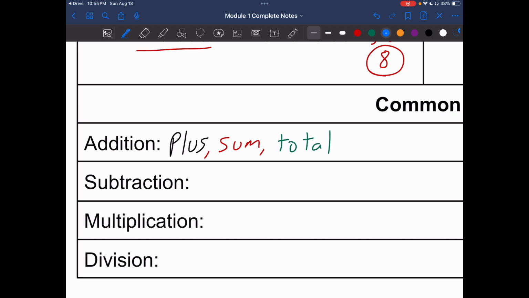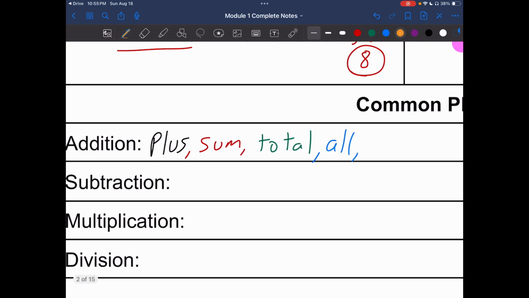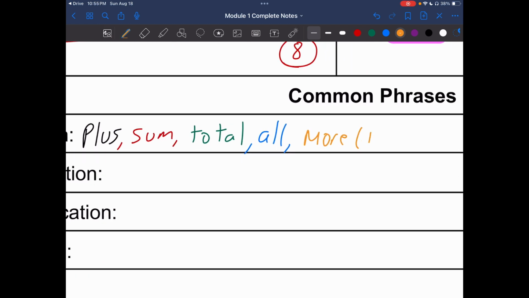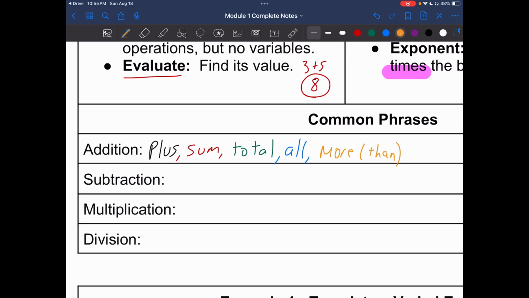We could talk about all, if we want to know how many there all are. We could use more or more than. So if we have 5 more, or we have 5 more than something else. So more and more than. These are all different words that can indicate to us that we are going to be adding.